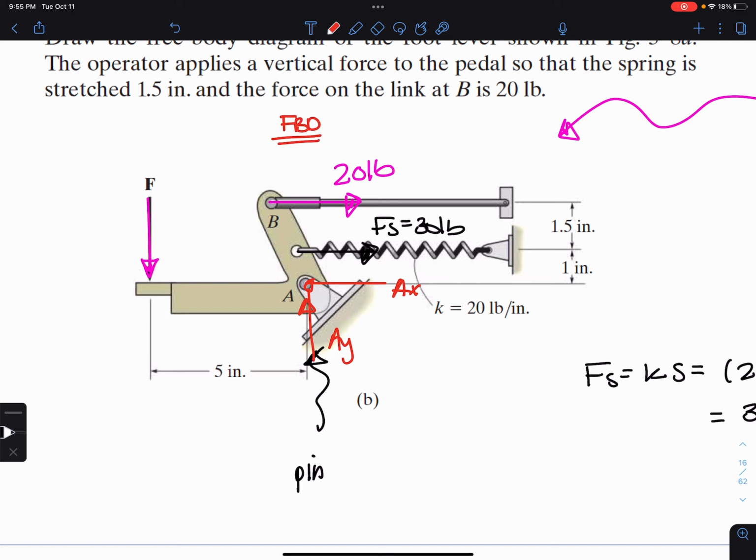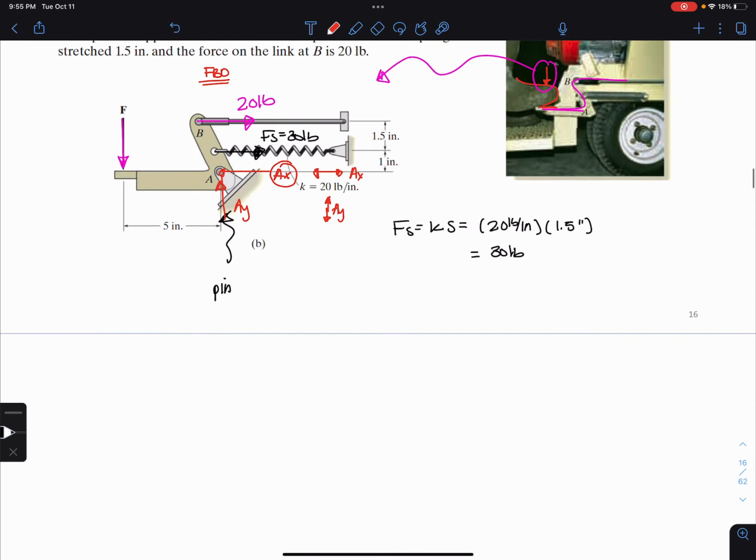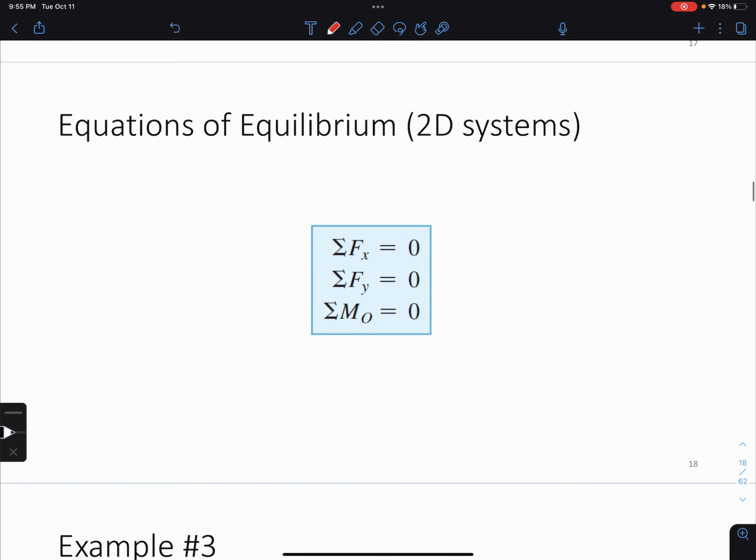When I start going through some examples with equilibrium, you'll see that it doesn't matter which direction you choose, whether going in this direction or this direction for Ax, or this direction or this direction for Ay, because the problem will tell us as we solve for it which direction is the correct direction. All right.